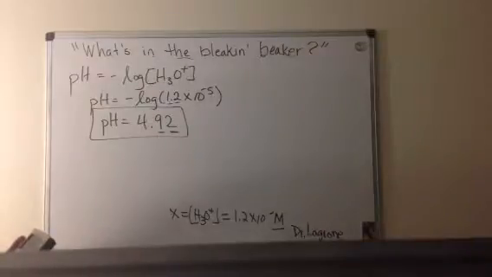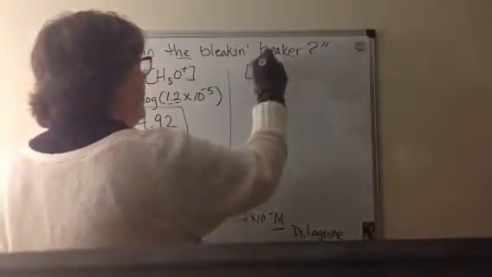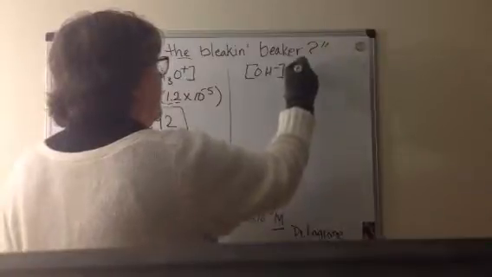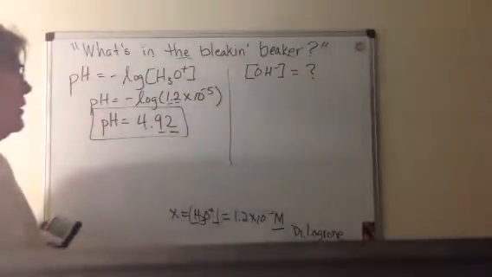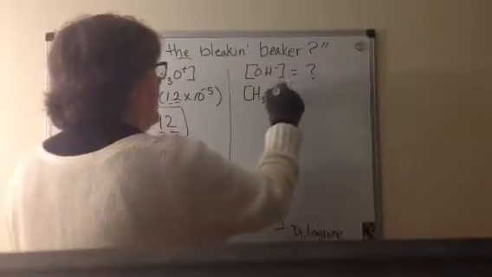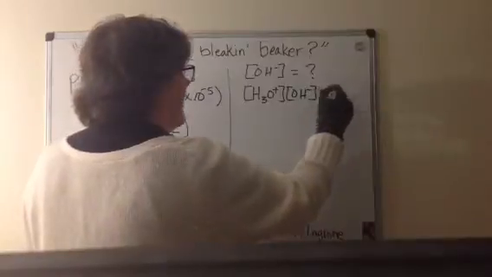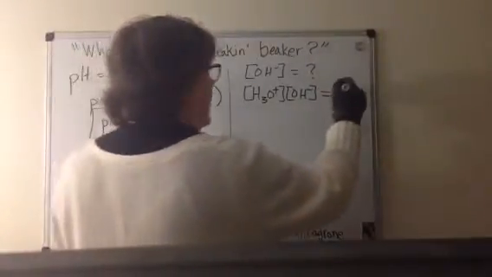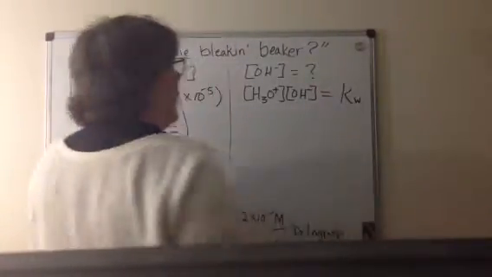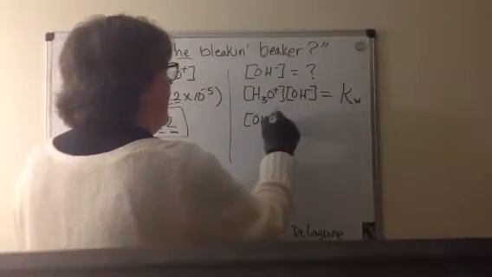If the question asked you for the concentration of hydroxide ion, well, don't forget the product of hydronium ion concentration and hydroxide ion concentration will always equal, in an aqueous solution that is, Kw for water. So if you know one of them, you can always find the other one.